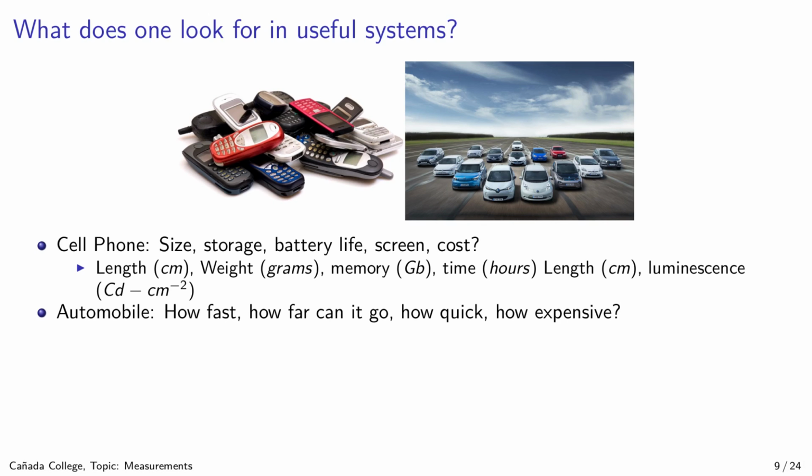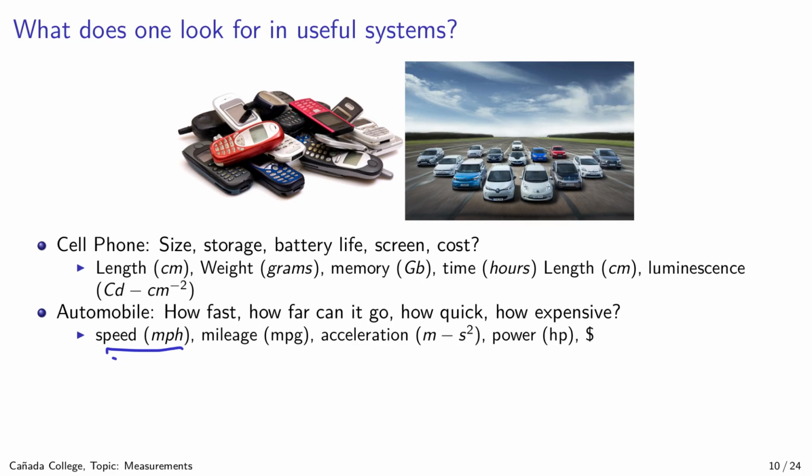Now let's look at the car. When we think about a car, what are we thinking about? How fast it can go, how far it can go, how quickly it can start from stop, how expensive is it, things like that, right? And again, these are linked to fundamental engineering quantities. For example, how fast it can go is related to its speed. How far it can go is related to the mileage, let's say in miles per gallon.